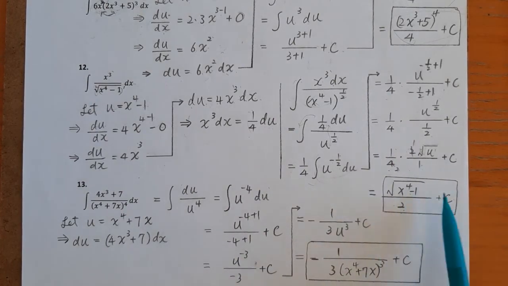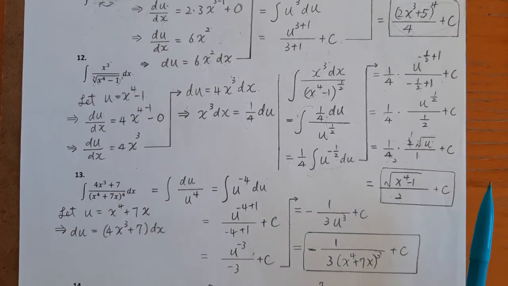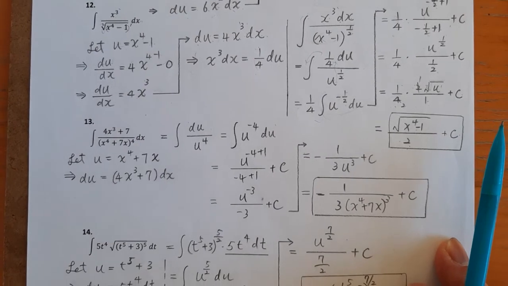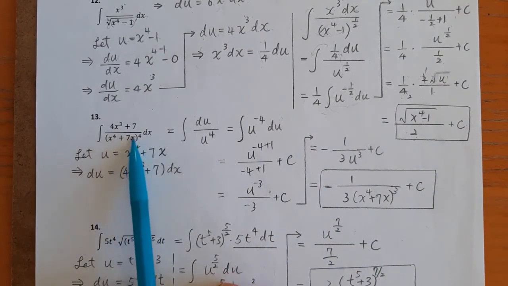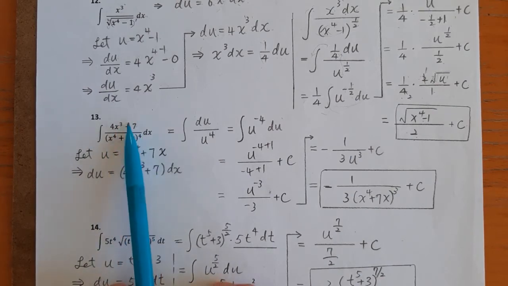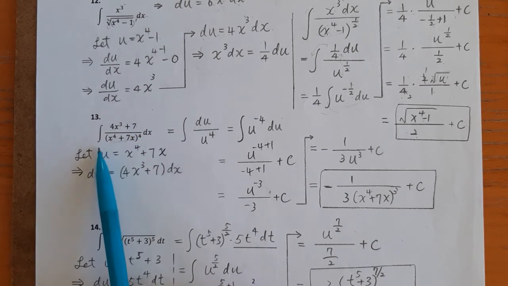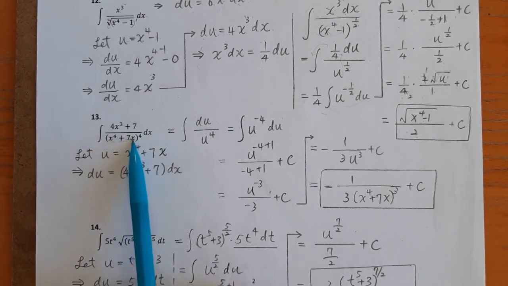You can take the derivative of this, and you will go back to this. So question 13. Also, you can look at this denominator. If you take the derivative of the denominator, you get 4x cubed plus 7, which is the dx part. So you let u equal x to the power 4 plus 7x.